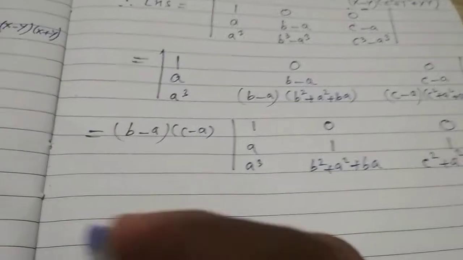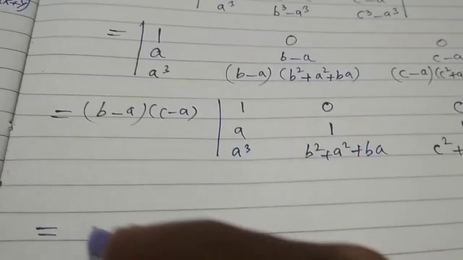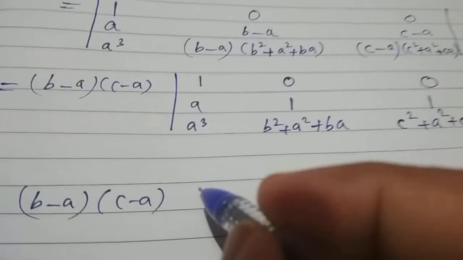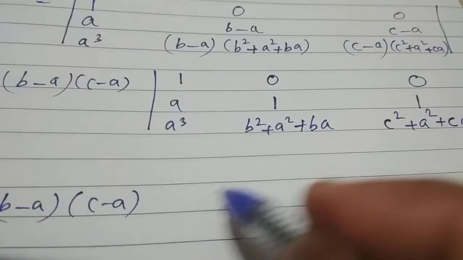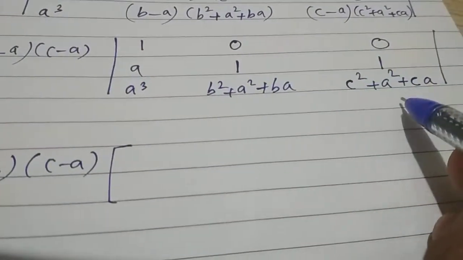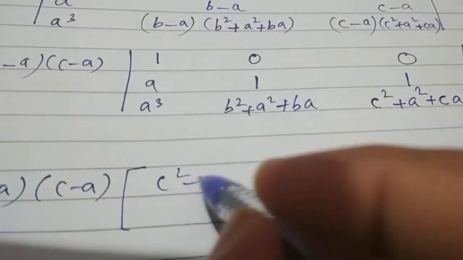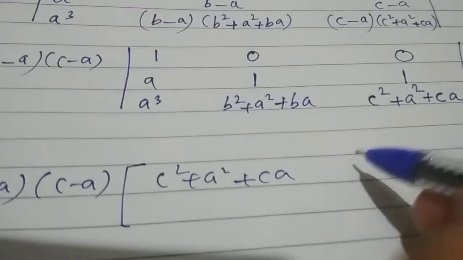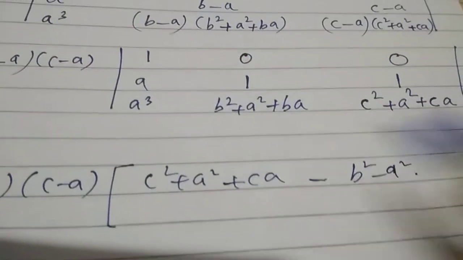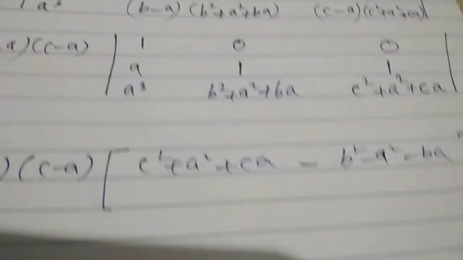So when you have got these two values, now you simply expand this determinant about the first column. I am going to directly write the value: 1 into c square plus a square plus ca minus b square minus a square minus ba.